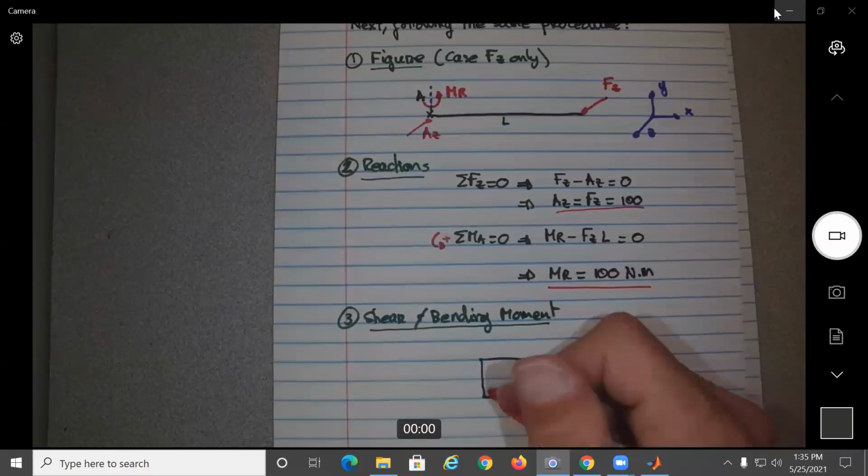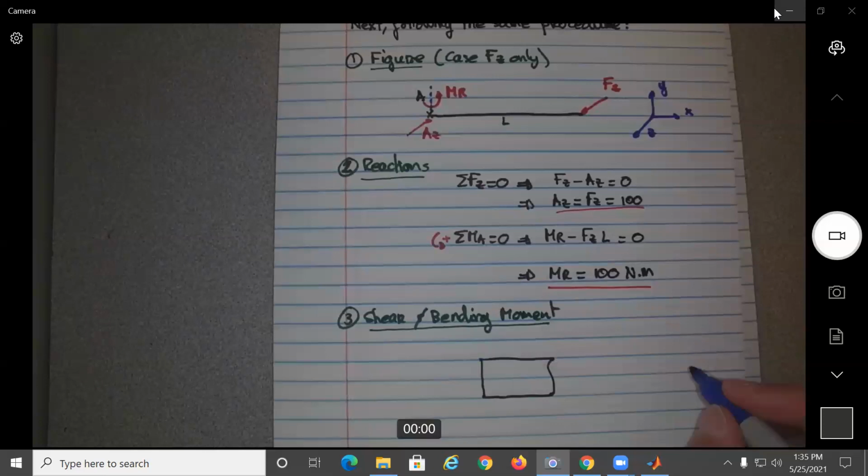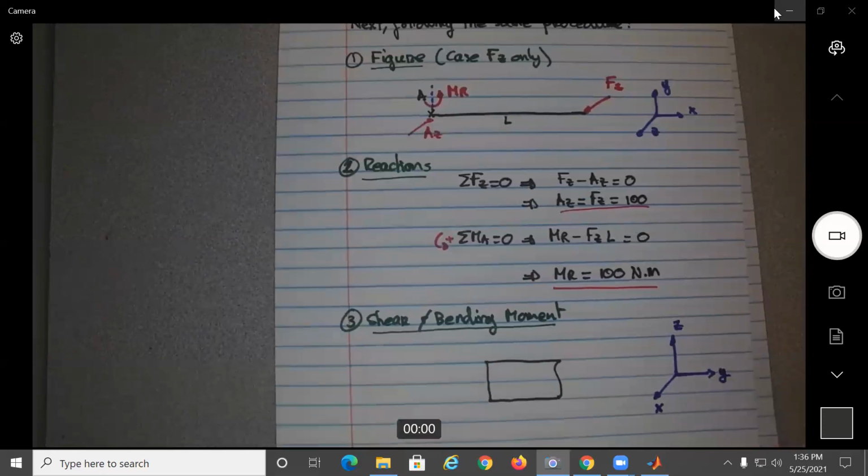Here the coordinate system will be, let me change this: X, Y, Z. I want this to be Z. So X times Y, this will be X, and this will be Y. So I'm kind of flipping.